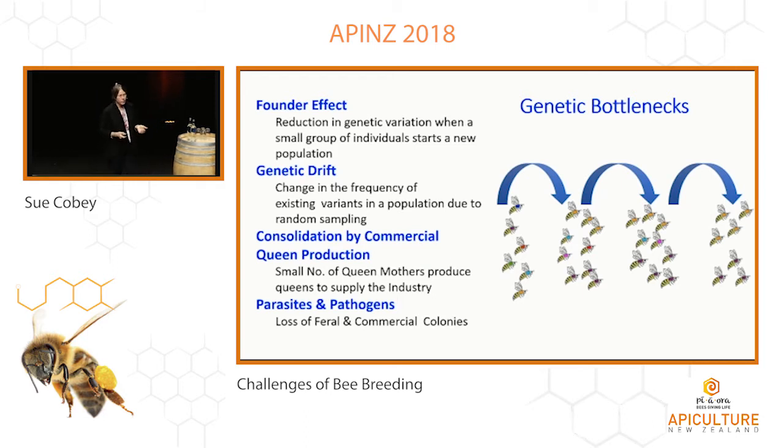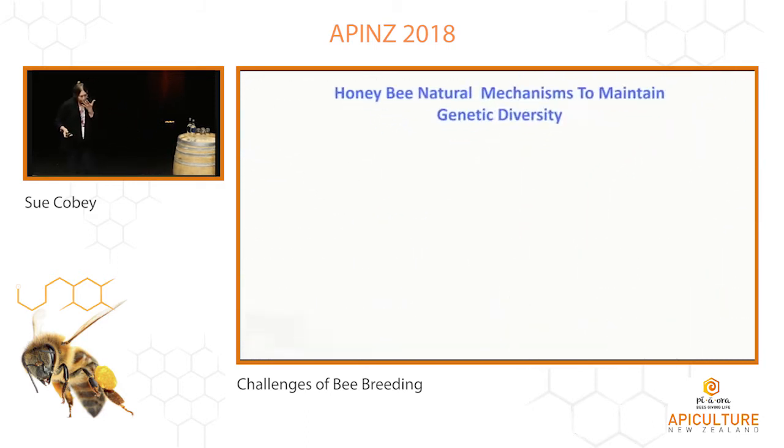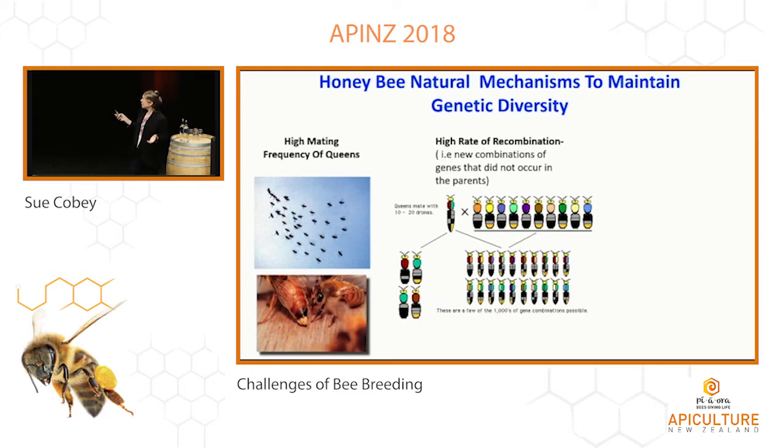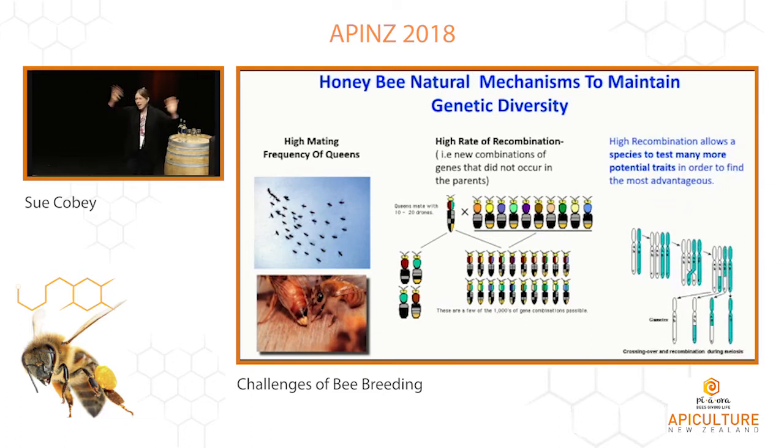So those are things. And bees, their whole mechanism is outcrossing. If you look at the way they mate, those queens fly out and mate with that random assortment of drones in the congregating areas. They have a really high rate of recombination, which is just the genes doing a little dance.